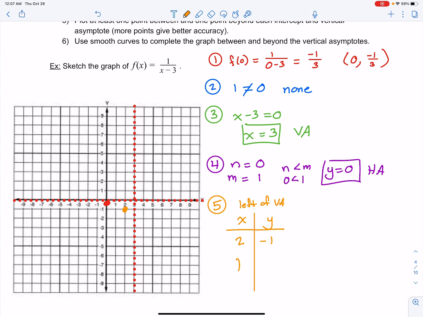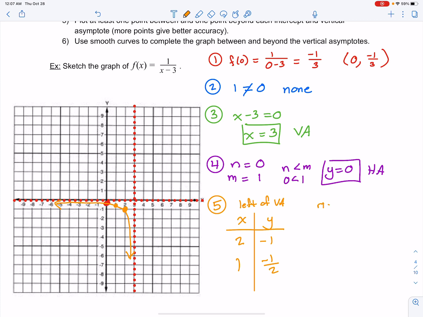If we put 1 in, we'd get negative 1/2. So we can kind of see what's going on with our function over on that side. We're going to be coming up as we move to the left and towards that horizontal asymptote. We're going to be going down towards our vertical asymptote.